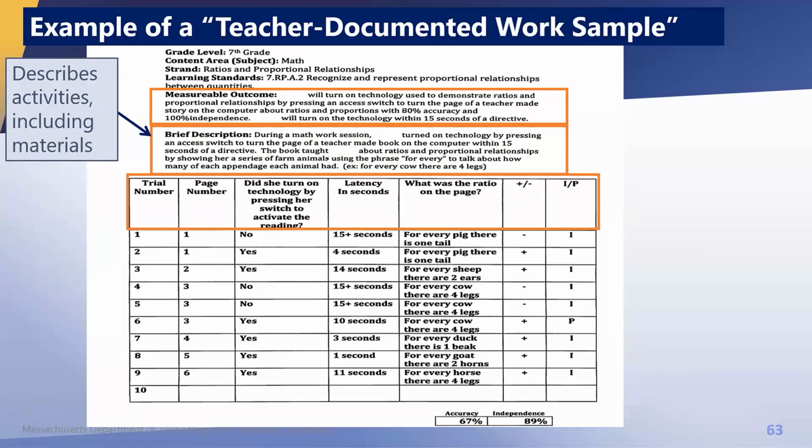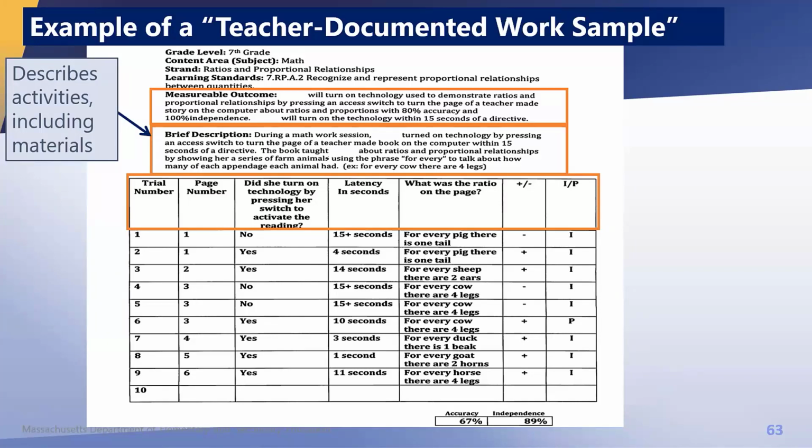So in this case, it was a student working at access skill level, and their job was to turn on technology used to demonstrate ratio and proportional relationships by pressing a switch to turn the page of a teacher-made story on the computer about ratios and proportional relationships.